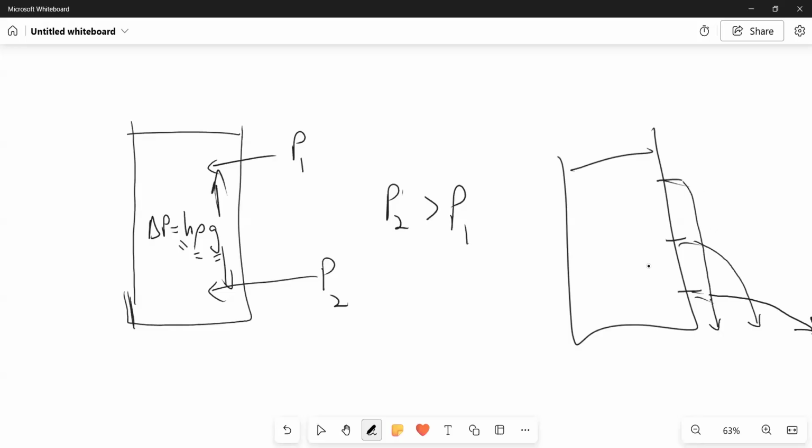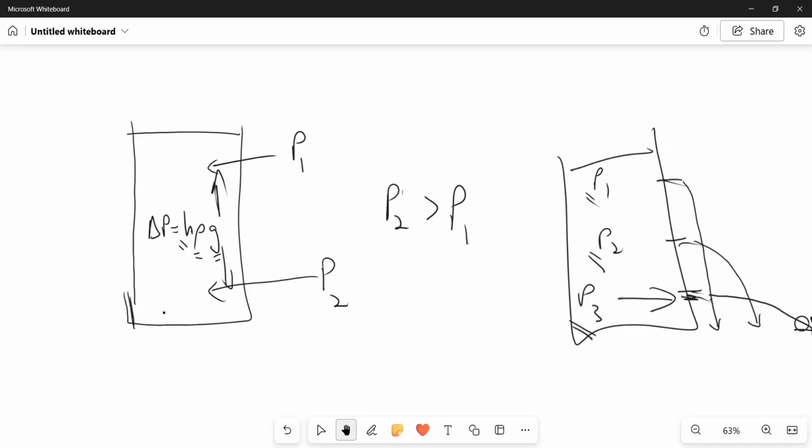So the reason why the water at the bottom shoots out so far is because the pressure at P3 is greater than the pressure at P2, which is greater than the pressure at P1. That's a simple experiment to show that pressure increases with depth.